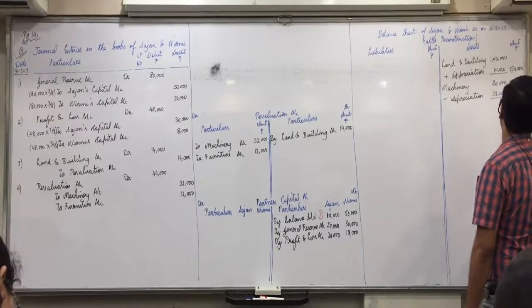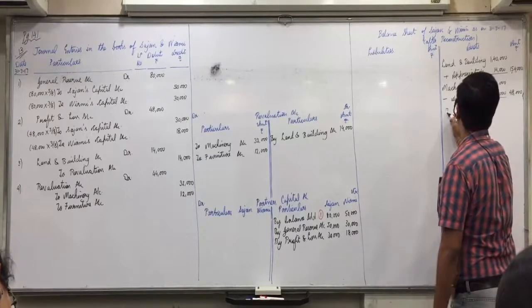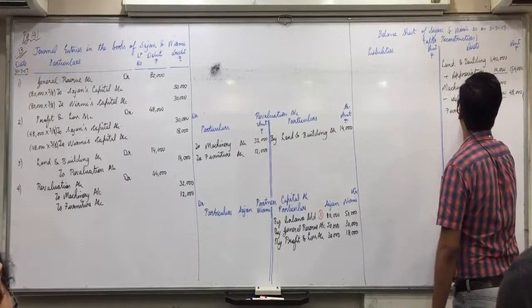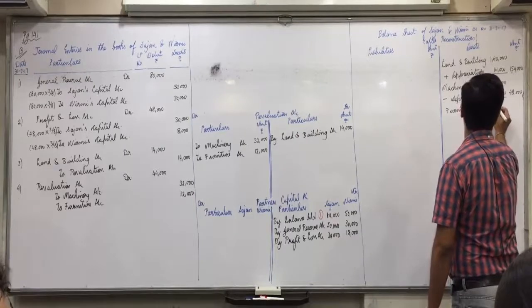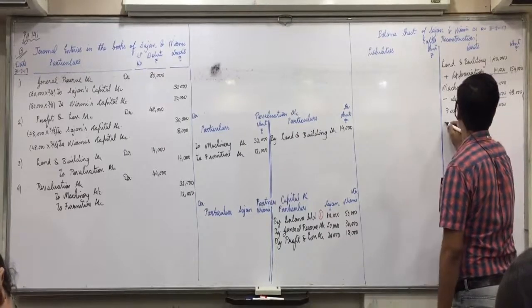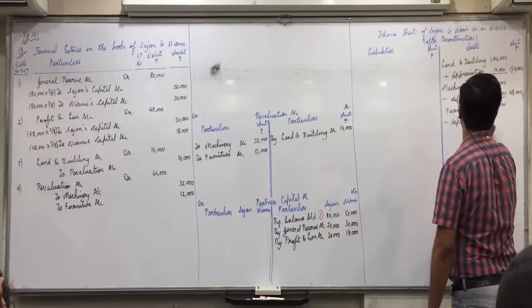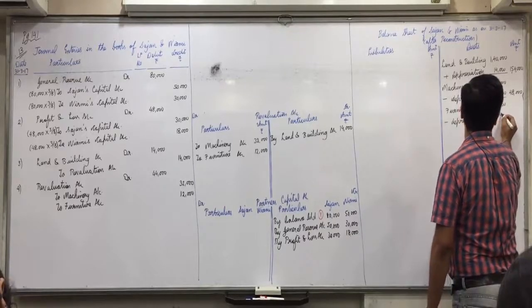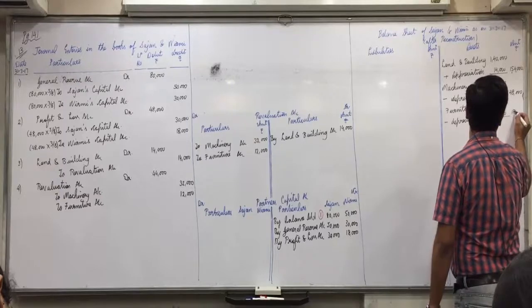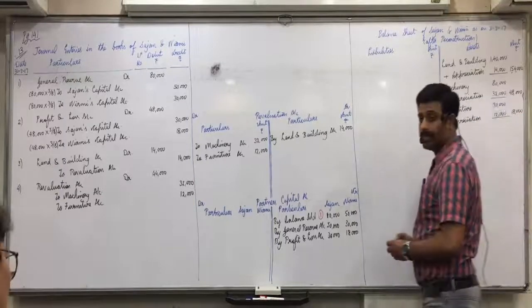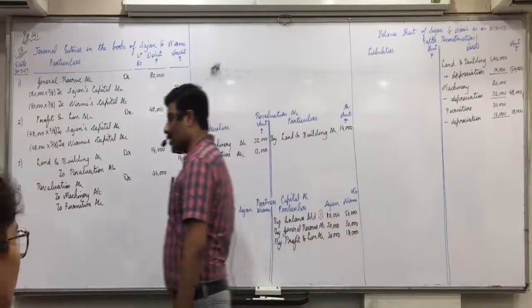Outer column 48,000. Furniture 30,000 minus depreciation 40%, 12,000. 18,000. So outer column 18,000. Are you all clear with this? Yes.